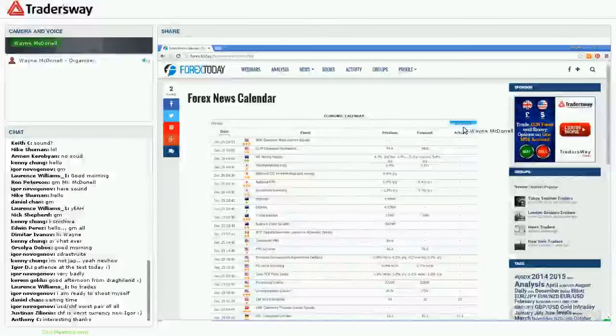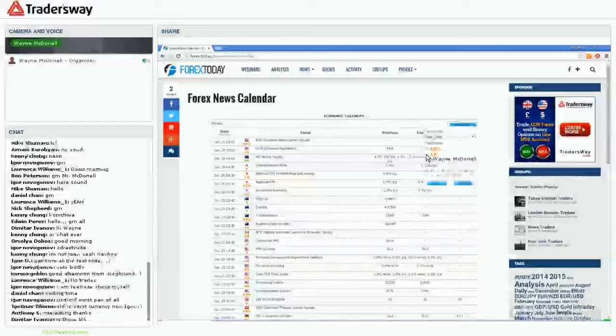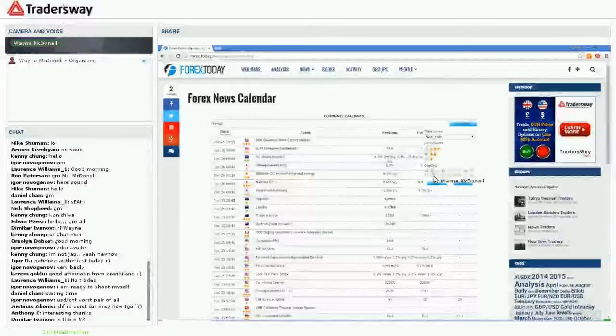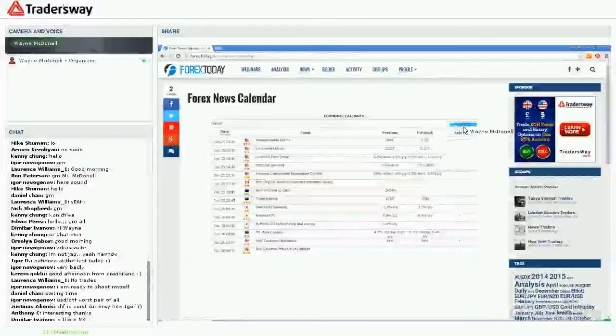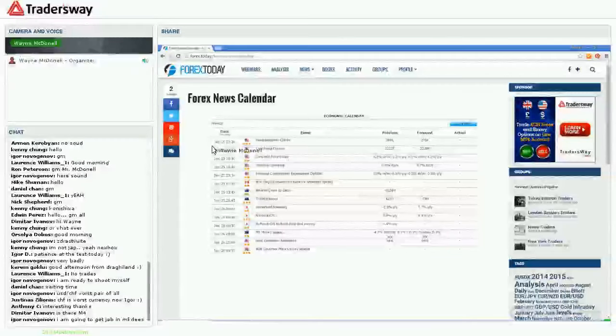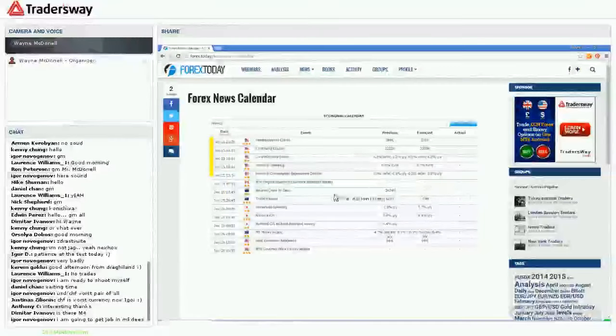All right, so what I want to do is filter this out. Let's look at reasonably important news events today. So I'll hide that filter. And so the date is the 25th. What's left today? The 25th is all the way in here.